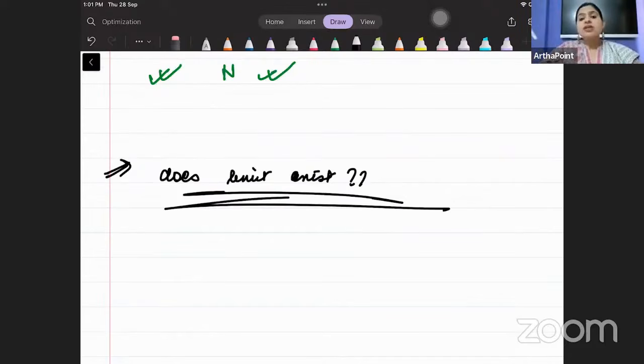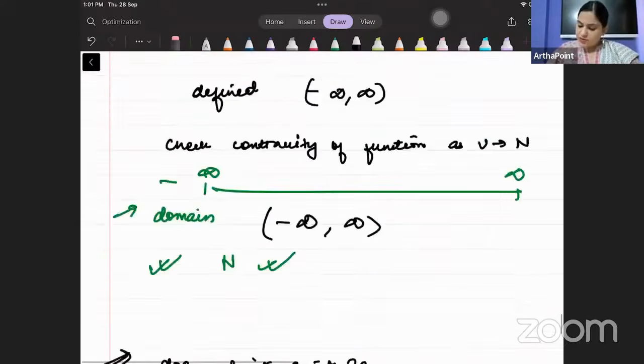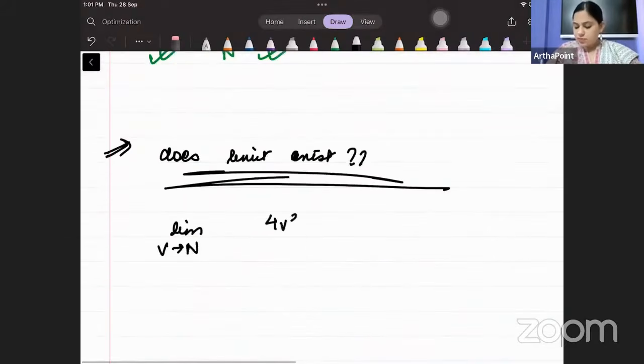But what is the limit of the function? उसकी value क्या होगी? What will be that value? So in order to go ahead and do that, I must check the value. मैंने क्या लिखा? Limit v tends to n, and मैंने वहां पर अपना function डाल दिया. So what is my function बेटा? My function is given to me as 4v square upon v square plus 1.